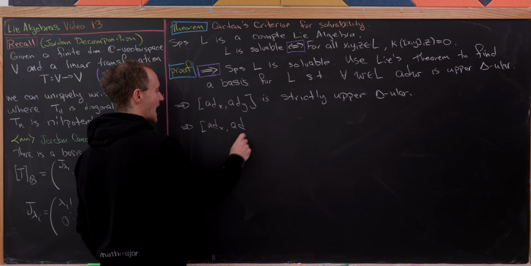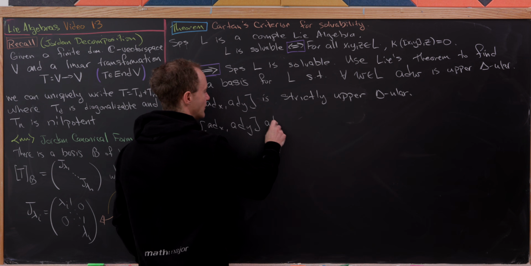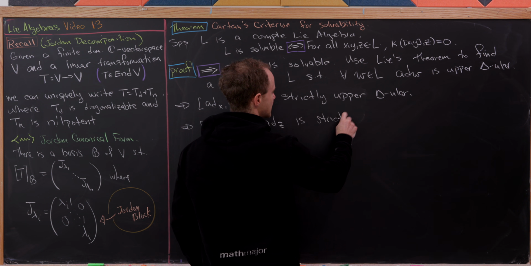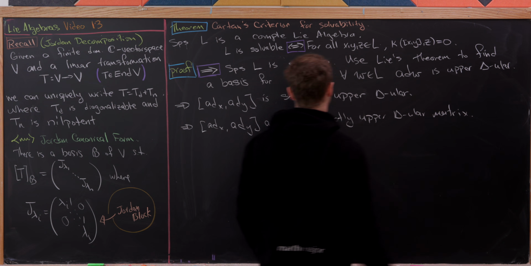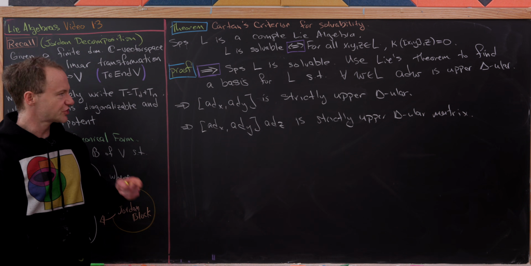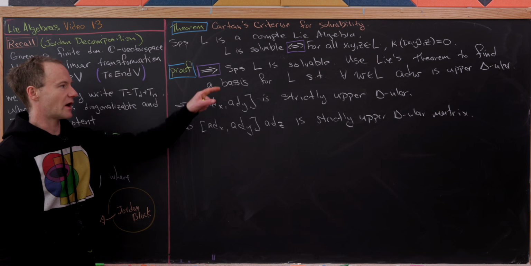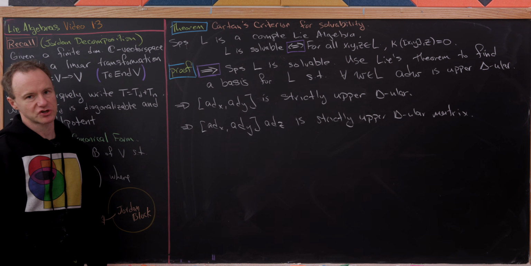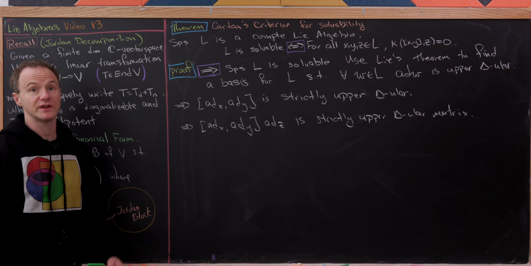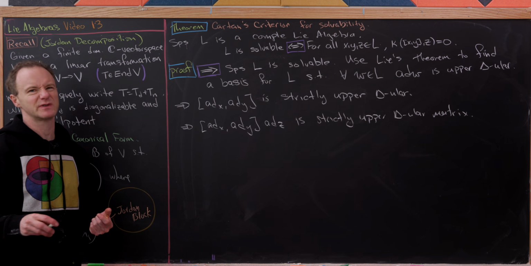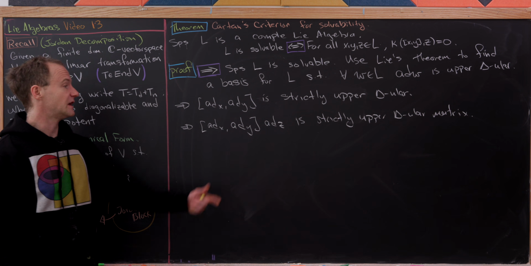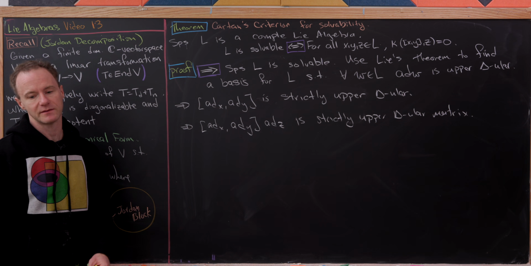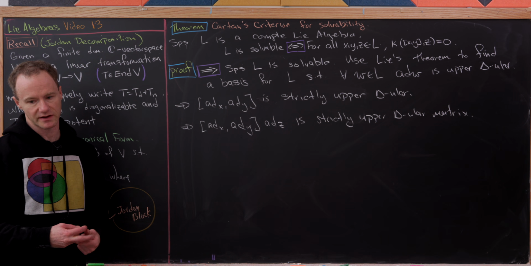So if we take the bracket of ad x, ad y and multiply that into ad z, we also get a strictly upper triangular matrix. Just to reiterate, ad x and ad y are both upper triangular. We bracket them and get a strictly upper triangular matrix. We used that before, and it's easy to see with some calculations. Then if you take a strictly upper triangular matrix and an upper triangular matrix and multiply them, you get a strictly upper triangular matrix.